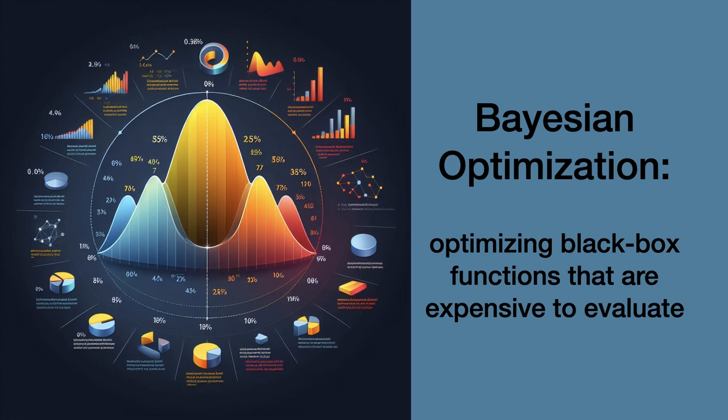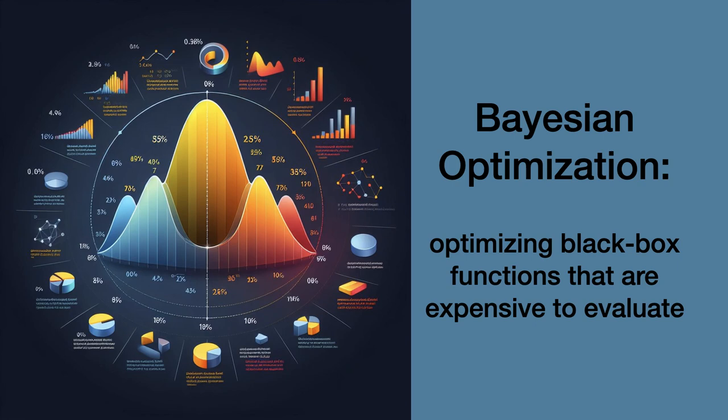Flexibility. Bayesian optimization can handle a variety of objective functions, including black box functions where the underlying process is unknown. It doesn't require any assumptions about the objective function or its distribution, making it a versatile technique for optimization in various domains.